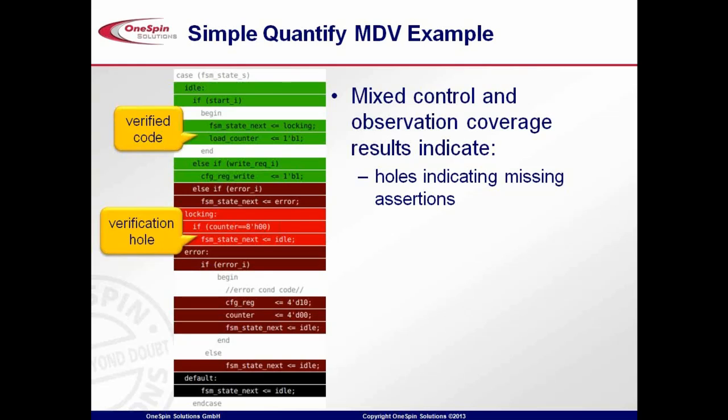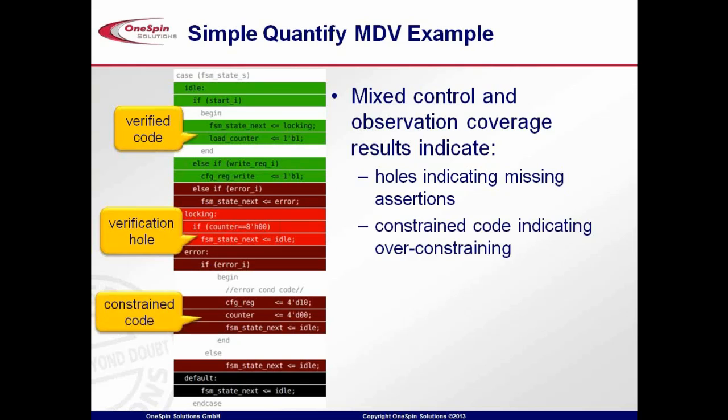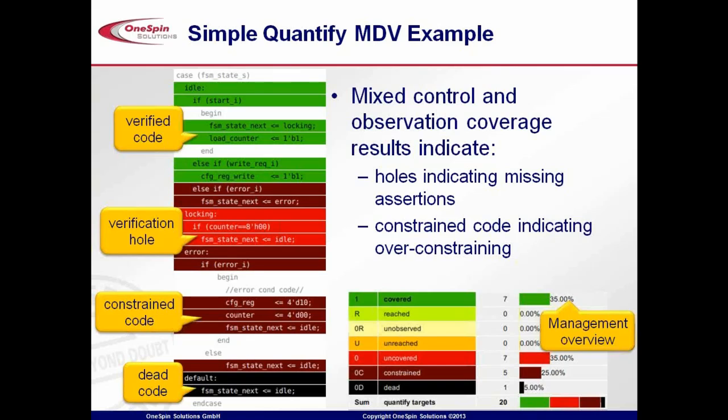Then you have some verification holes, so basically you don't have an assertion which covers this piece of code, and also you have a constraint which doesn't allow your assertion set to even get there in any way. So you just know that it's constrained out, or that in this example there is a part of the code which is dead. What is nice is that you can really see the percentages.